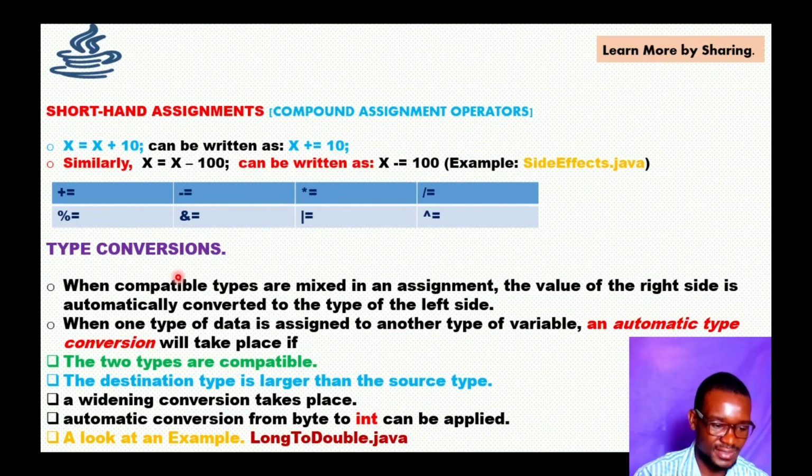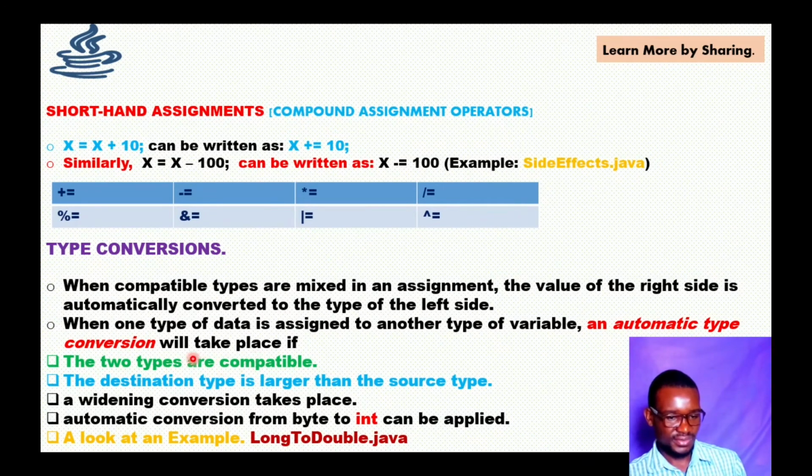So what are we saying? You achieve automatic conversion if, one, the two types are compatible, and two, the destination type is larger than the source type. So a widening conversion takes place.